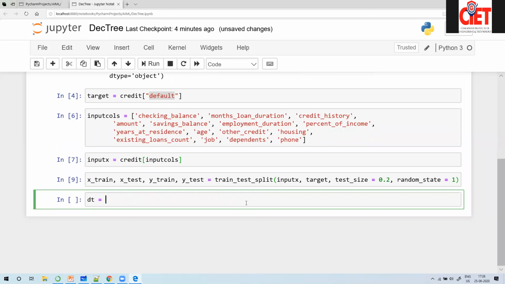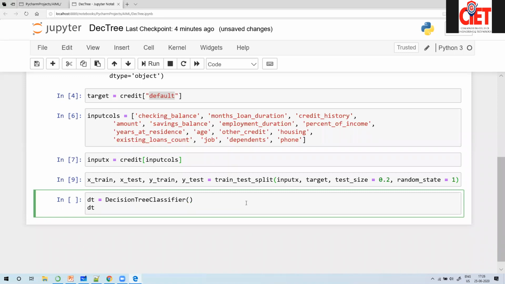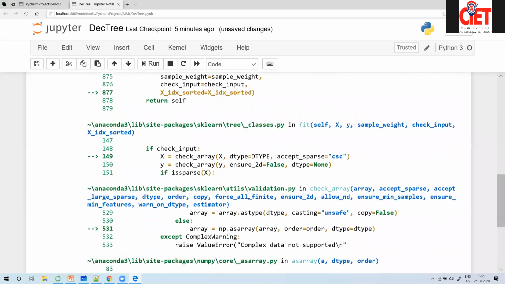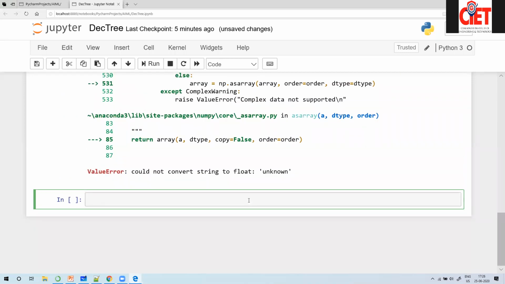dt is equal to DecisionTreeClassifier. This is an alias, you can give any name to it. dt.fit(X_train, y_train). It says it did not convert.